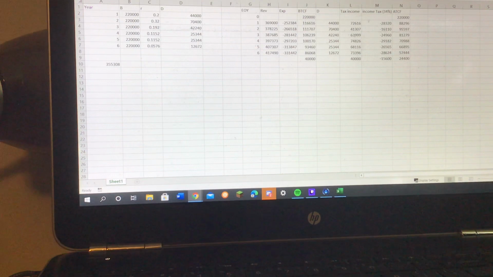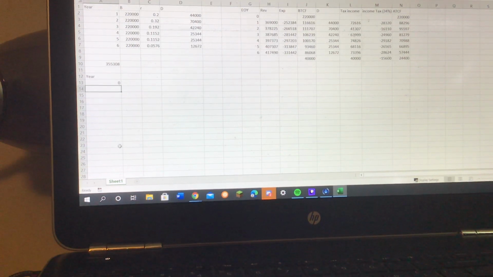So now to get our after-tax cash flow in real dollars, that'll be another table. So again, years. We do have to count for zero, so 0, 1, 2, 3, 4, 5, 6.